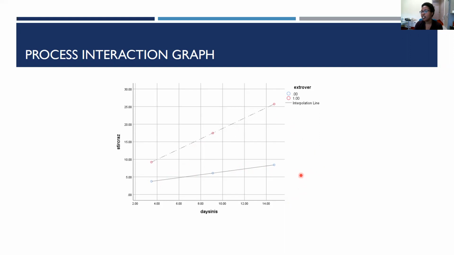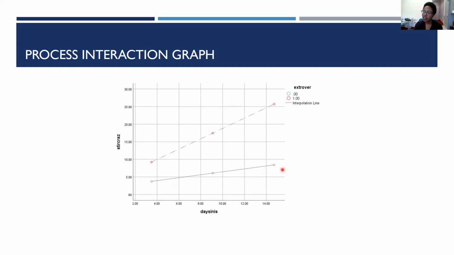Let's take a look at what's going on in our introverts. They're the group that's coded 0 on this extroversion variable. What you see is that for our introverts, the longer they're in isolation, there is a positive relationship to stir craziness. So the longer in isolation, the more stir crazy they get.